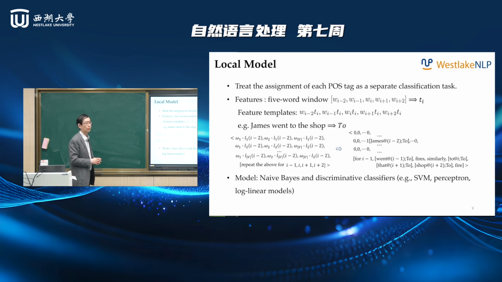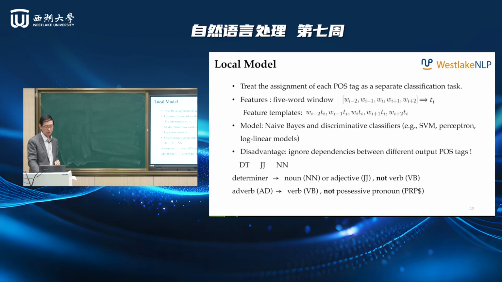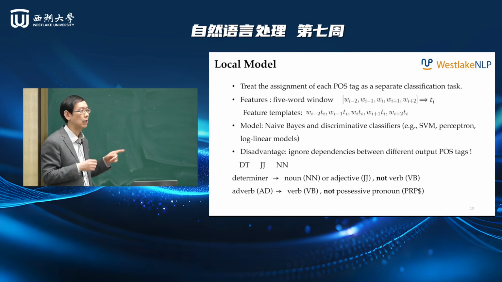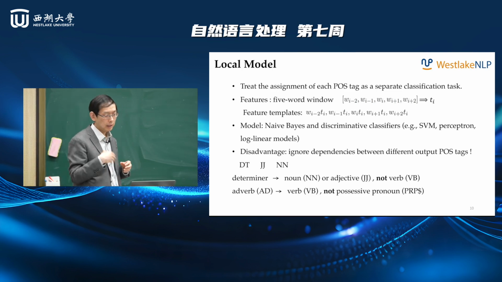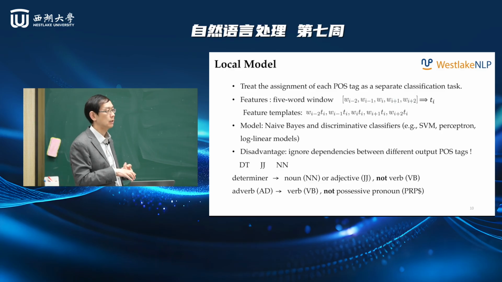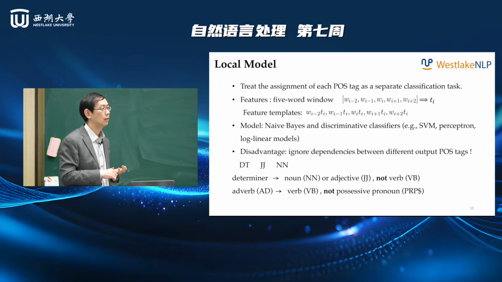So that in the end we can predict the labels one by one. But this local model has a disadvantage, which is we treat every part of speech individually, right? So our model never will consider the fact that determiner will be followed by adjective or noun. So when we have a determiner as the previous tag, our next tag is more likely to be a noun or adjective, but not likely to be a verb, right?